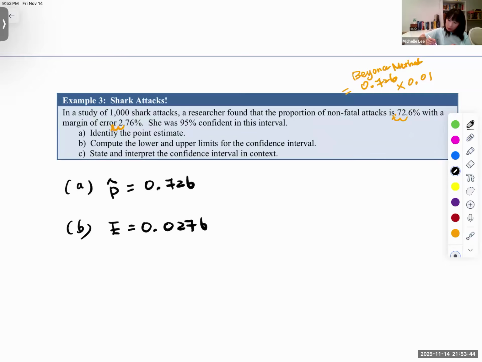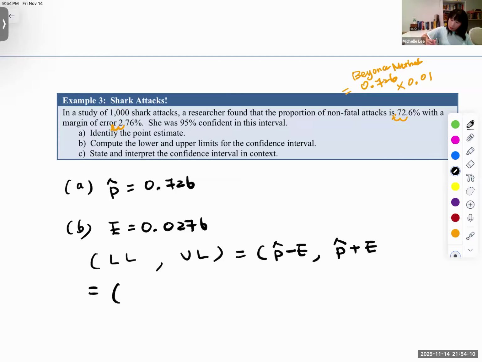So lower limit and upper limit. The lower limit will be p hat minus margin of error, and the upper limit will be p hat plus margin of error.